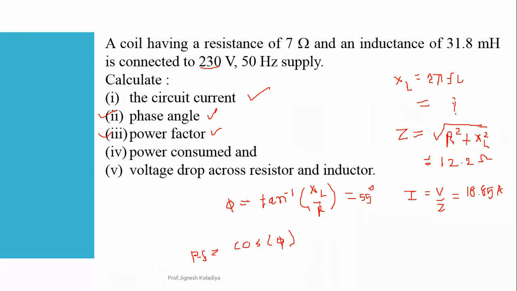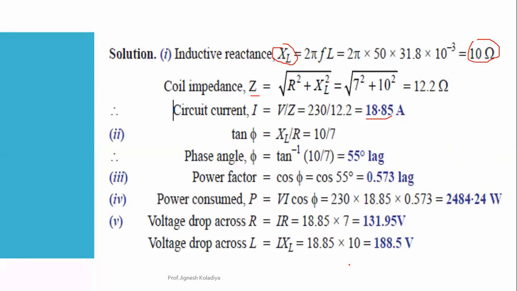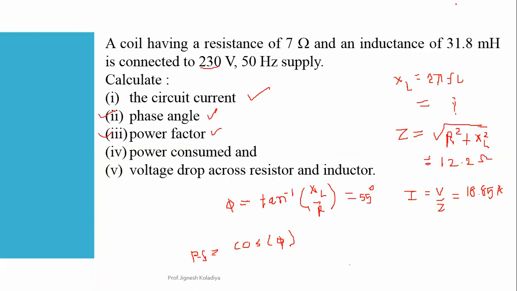And take cosine of 55, so you will get 0.573. Power consumed means the output power you are getting, and that is our active power. Active power is given by V into I into cos phi.